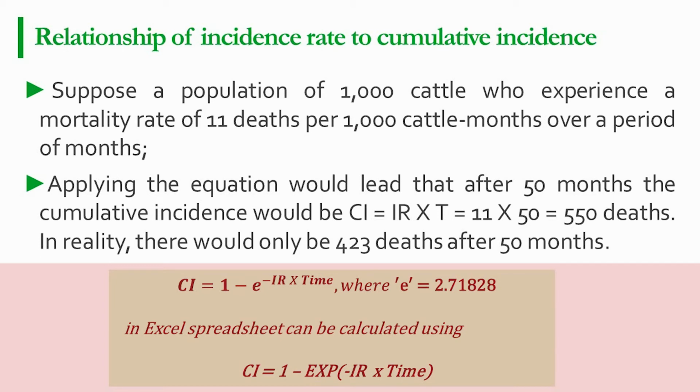And this can be very easily calculated in Excel. In a cell, you would write 1 minus the exponential function of minus the incidence rate multiplied by the time. And basically that's this constant.